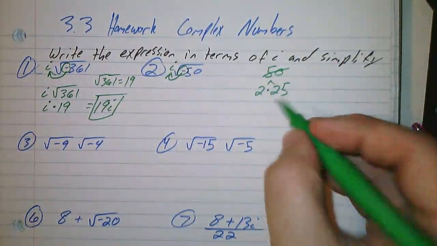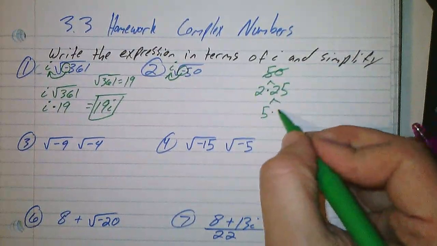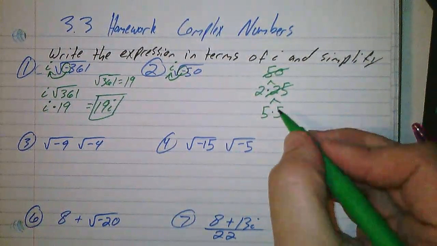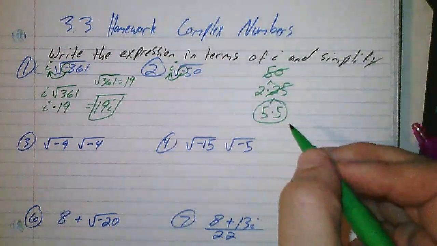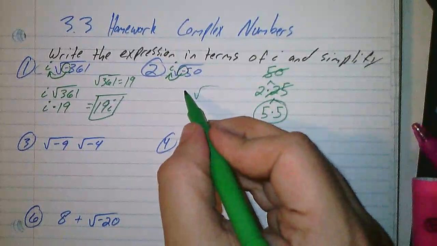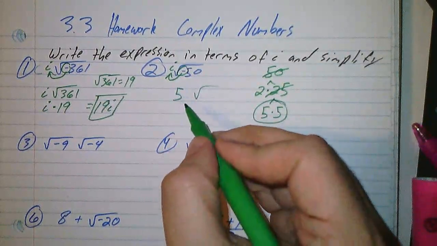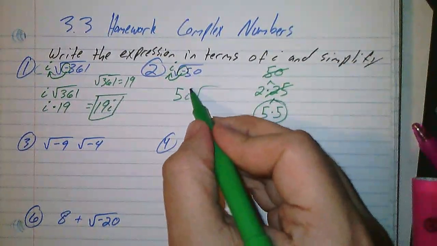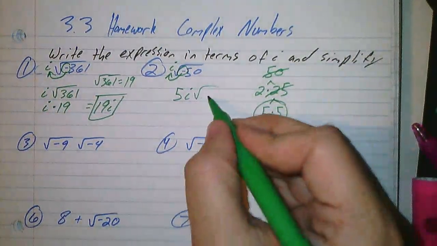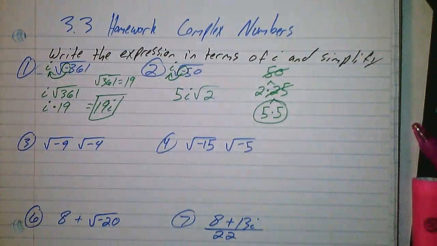We cannot break down 2, but 25 is 5 times 5. So if it pairs up, we write one of them outside of the radical. We bring in our i that we pulled out, and then the 2 stays under the radical.